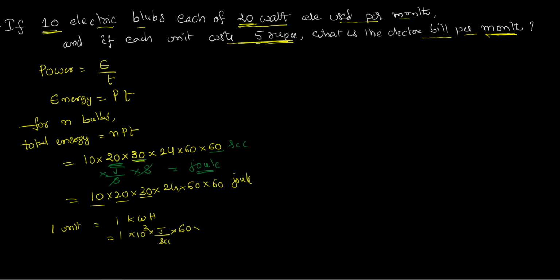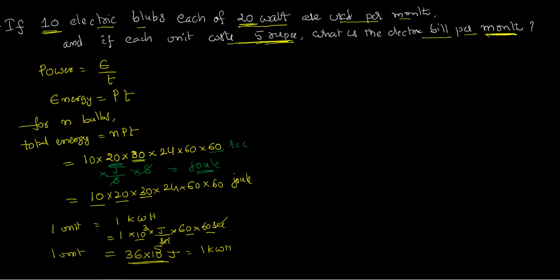Hour means 60 minutes, and each minute is 60 seconds. So this seconds and seconds cancel. 10 power 3, 10 power 4, 10 power 5. So 6 into 6, 36 into 10 power 5 joules. So 1 unit or 1 kilowatt hour is actually 36 into 10 power 5 joules.